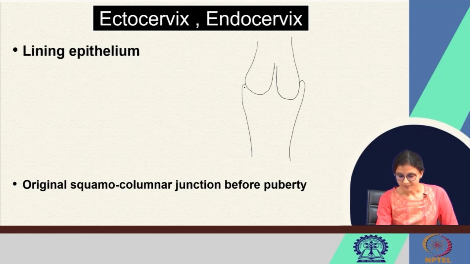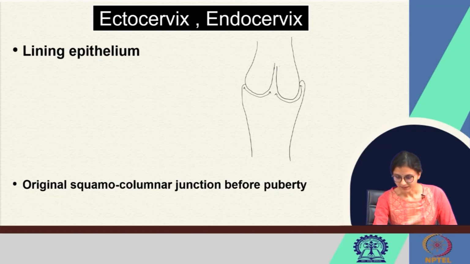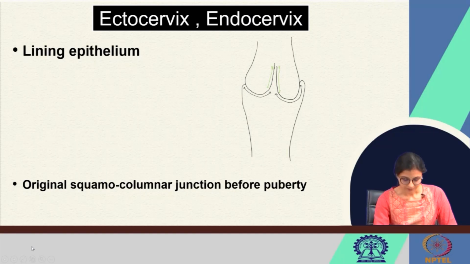So, this part is the ectocervix and this part is the endocervix. Coming to the lining epithelium. The lining epithelium of the exocervix is that of the vagina.